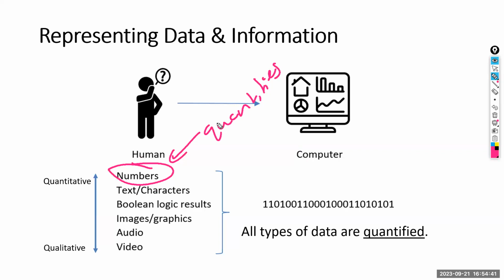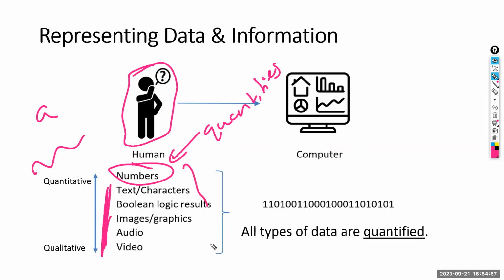But for us, A is not a quantity. An image is not a quantity. A sound is not a quantity. Audio, video. These are more qualitative. But for a computer, number one is, we make them all quantities. For a computer, everything is a quantity.